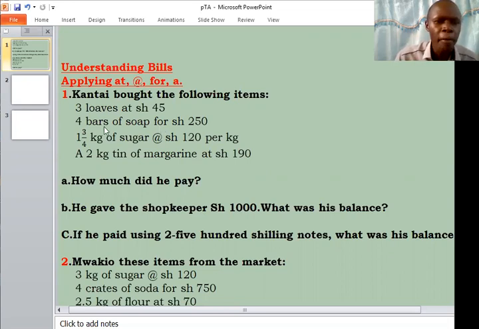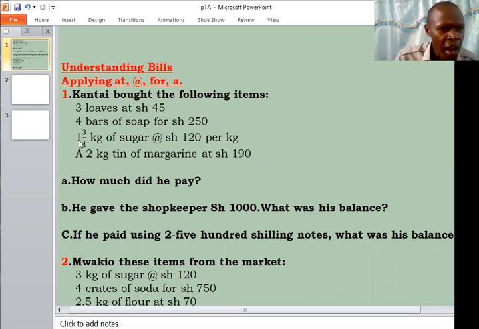All 4 bars of soap for 250 shillings. 1 3/4 kilogram of sugar at 120 shillings per kilogram. "At" is also appearing here as a symbol. What do we do? We multiply the number of kilograms bought by the price per kilogram.